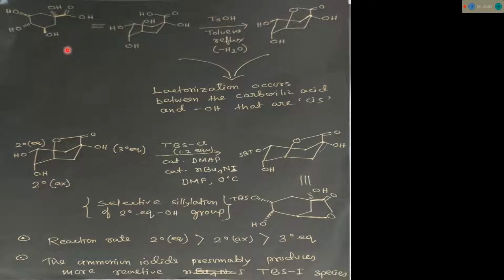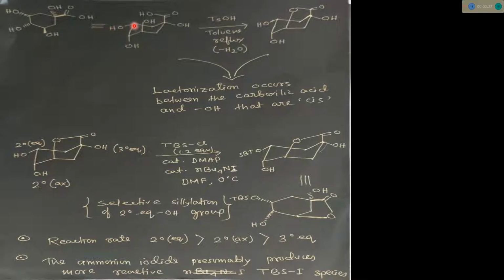So this is the tetra substituted cyclohexane, 1,3,4,5-tetraol carboxylic acid, cyclohexane carboxylic acid. This is the moiety.